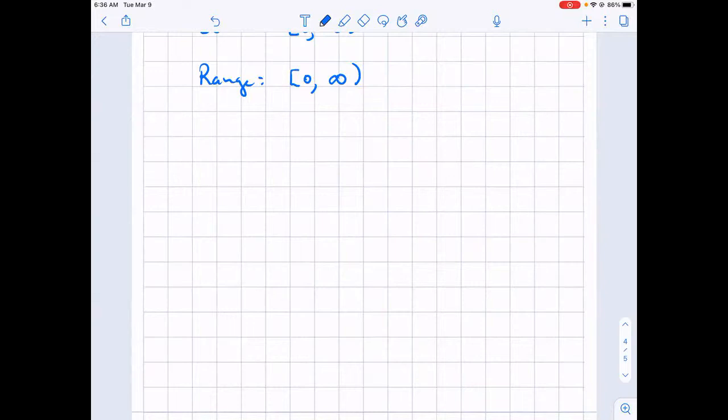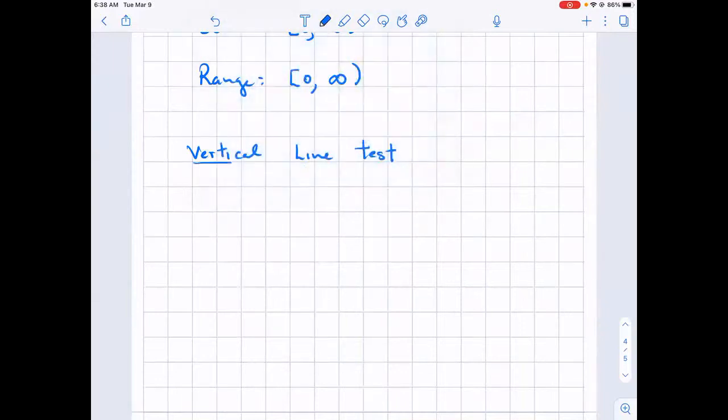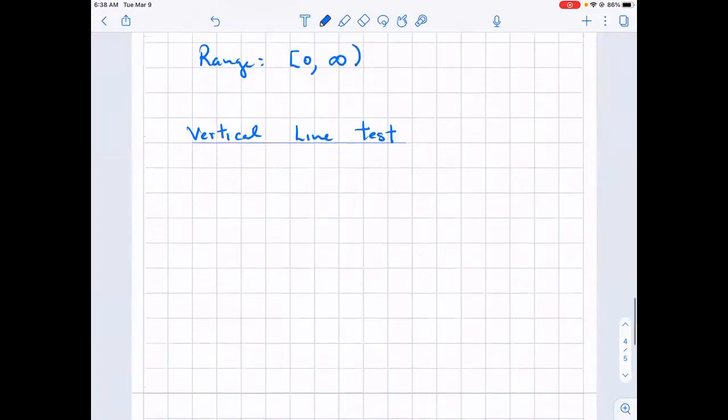Okay, so let's look at that now. We'll now look at the vertical line test. The vertical line test is a little tool that we can use to identify if the graph represents a function.